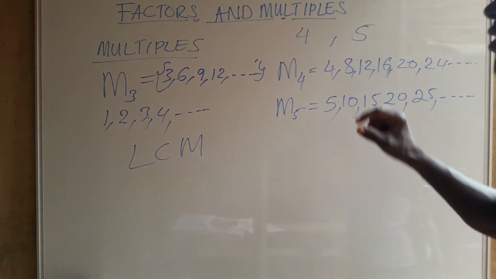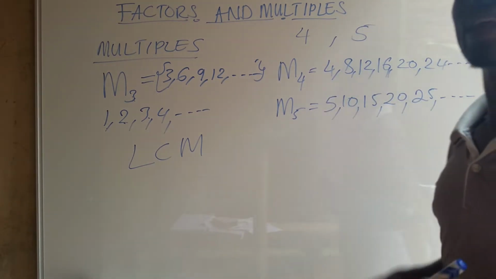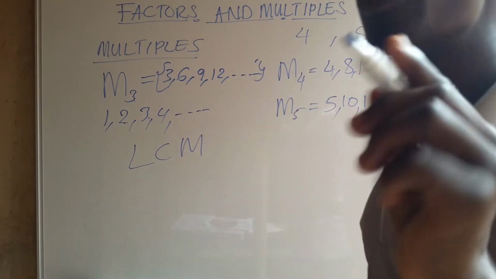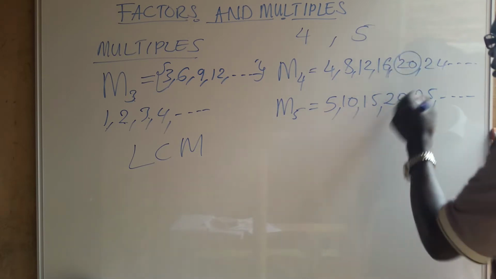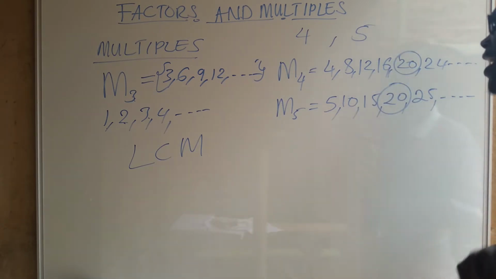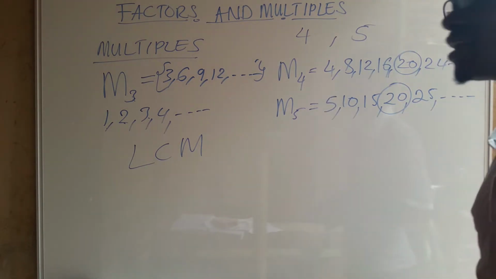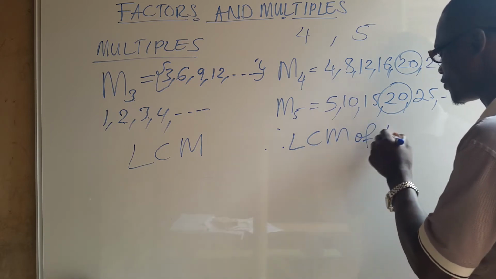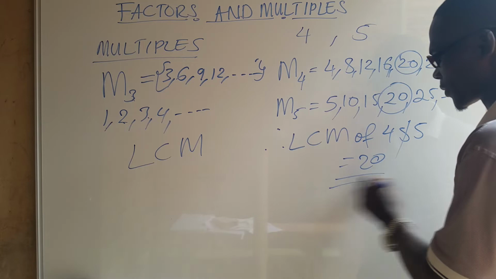So after listing the multiples of 4 and the multiples of 5, we now look for the common but lowest. So we have 20 as the lowest common multiple of 4 and 5. Therefore, the LCM of 4 and 5 equals 20.